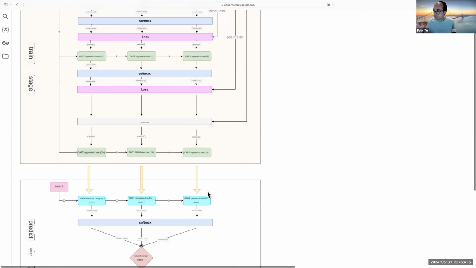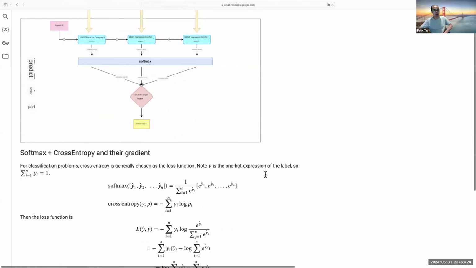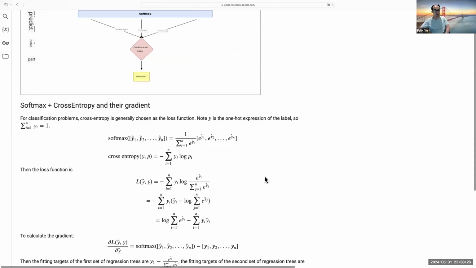So naturally you can turn a regression problem into a classification problem. Your softmax outputs y1 to yn, and your labels y here will just be one-hot encodings of the labels.